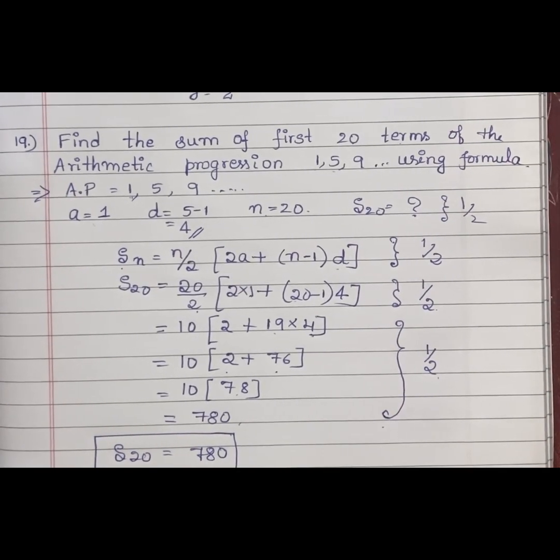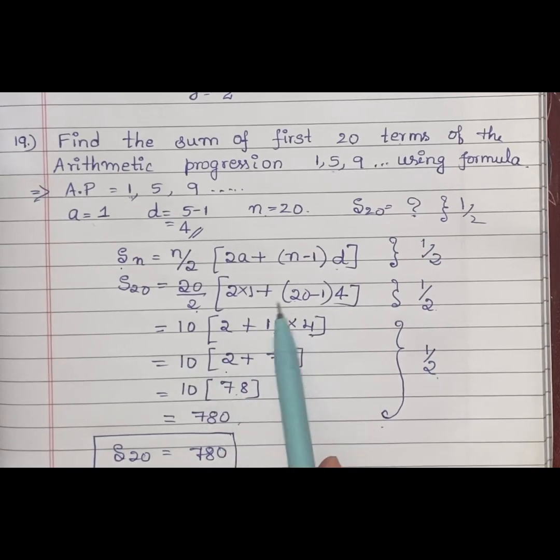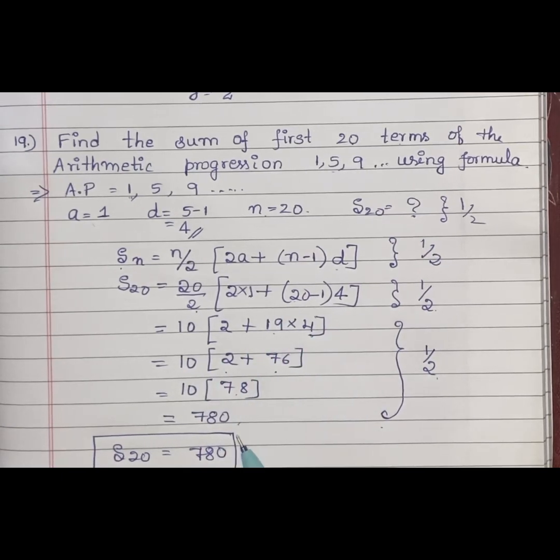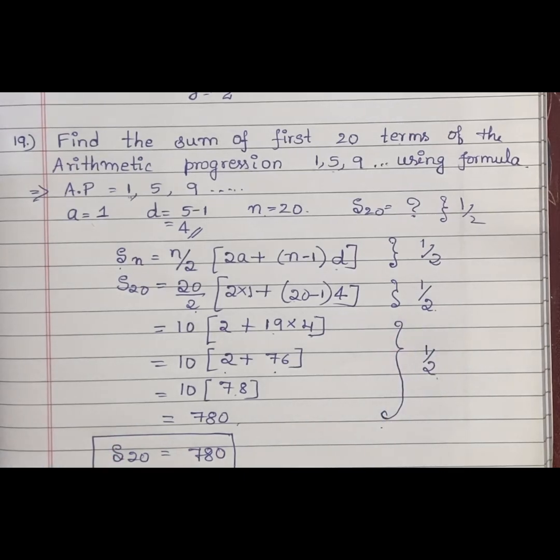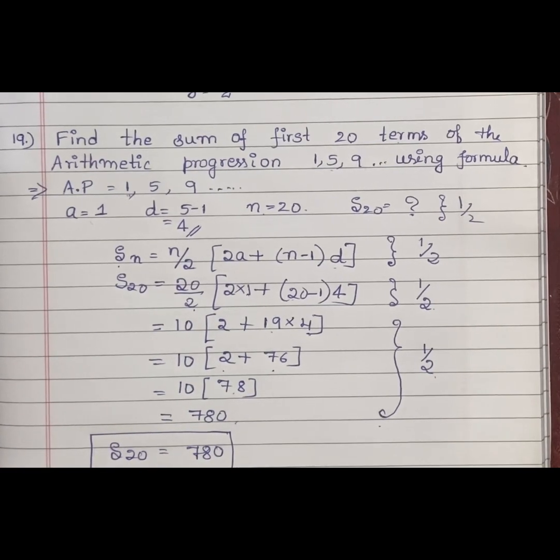So even if you miss out anywhere here and get a wrong answer, you still get 1.5 marks just by writing this. So you have to make sure you write each step clearly so that each step carries marks.